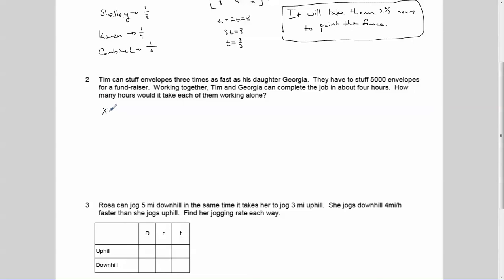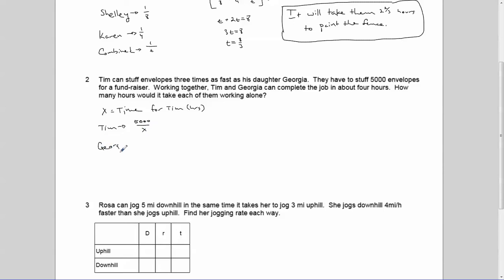So let's use x as our variable here, and we'll say that x is the time for Tim to stuff the envelopes. So Tim's rate, if he has to stuff 5,000 envelopes, and the time is x hours, then his rate is 5,000 divided by x, and that will tell us how many envelopes he can stuff in 1 hour.